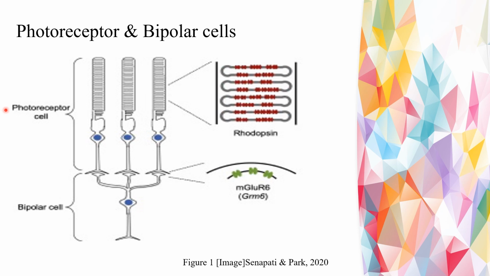Here is a figure of photoreceptor and bipolar cells. Here we can see that the rod photoreceptor cell has an outer segment containing stacks of discs that are encased by a plasma membrane. Rhodopsin is packed into the membrane's discs. This is within these discs, which we have in red.